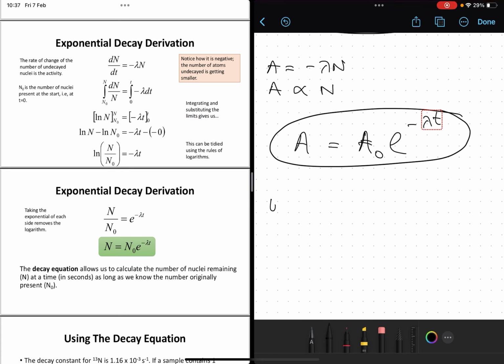When time is 0, e to the minus lambda t takes on the value of 1, because e to the minus 0 is 1, and therefore our equation becomes N is N naught. In other words, at the beginning, when we start measuring time, the number of undecayed nuclei is equal to N naught, where N naught is the initial number of undecayed nuclei.